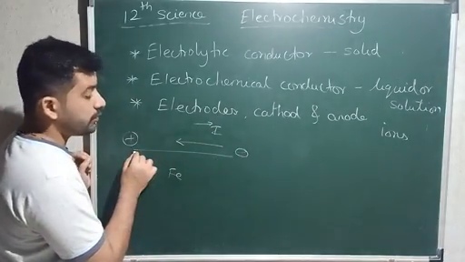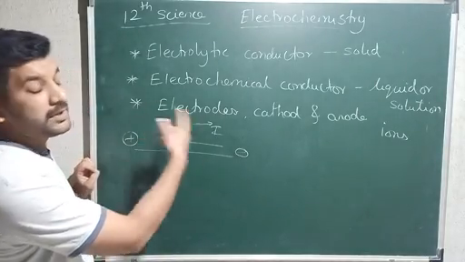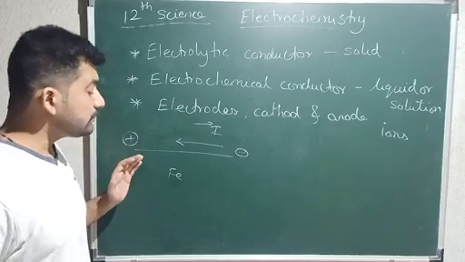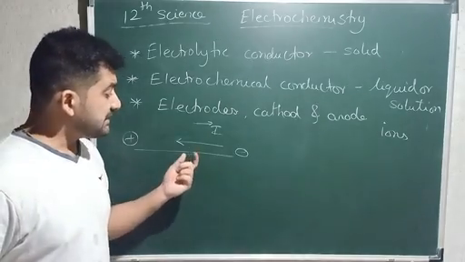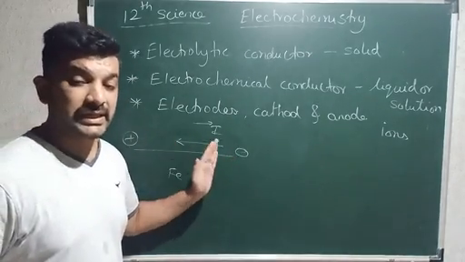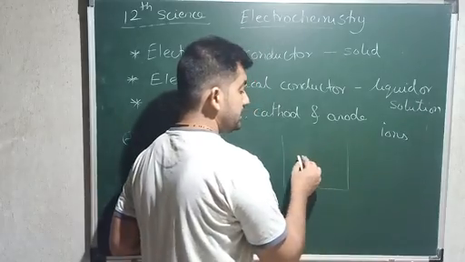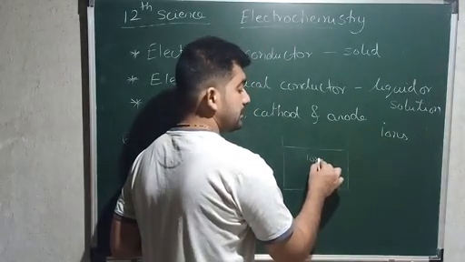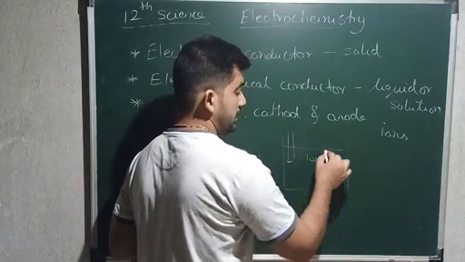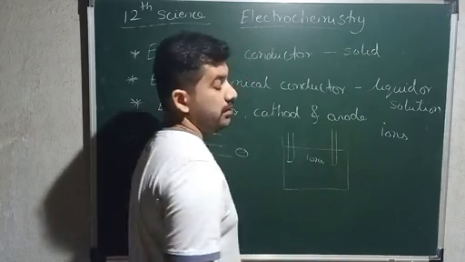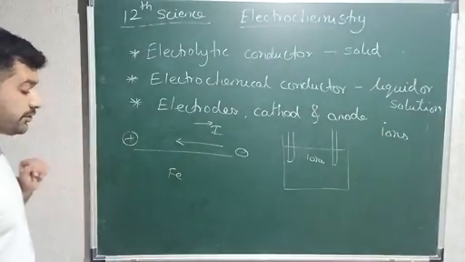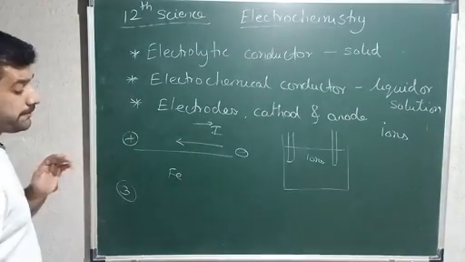Electrons move from negative to positive, while current moves from positive to negative. Now these free electrons carry current, while in solutions, the charged ions are carrying current.